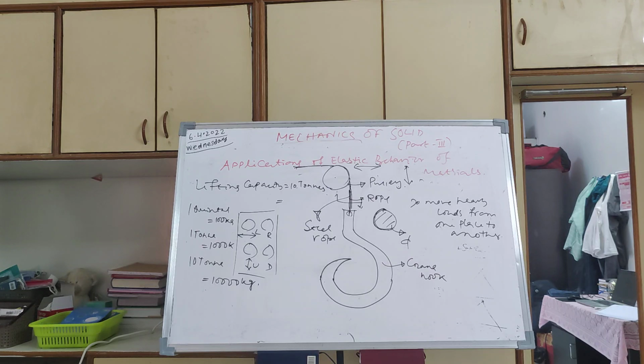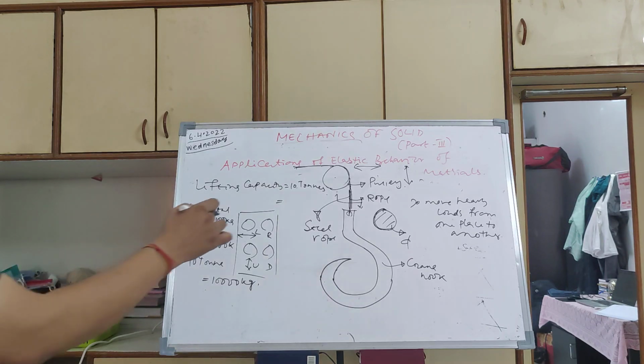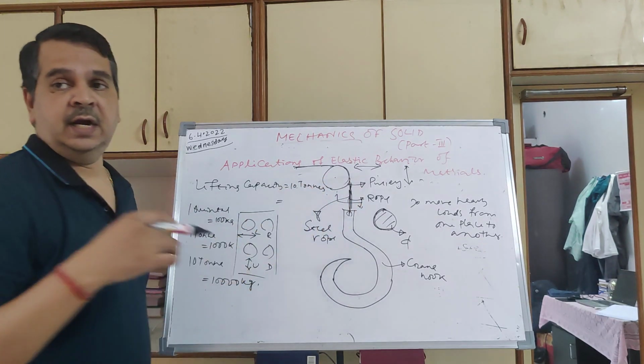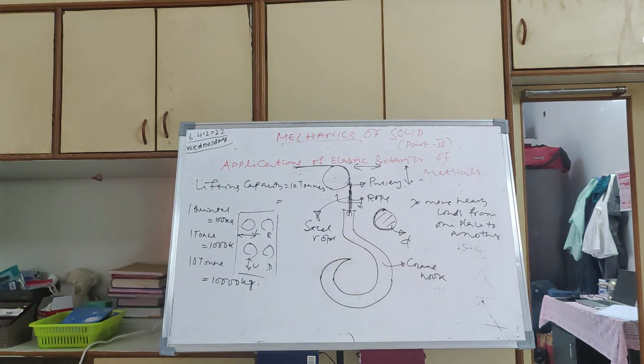We obviously want that the load does not deform the rope permanently. Otherwise it will get elongated and it will break. We don't want that. It should remain elastic and should not cross the proportional limit.